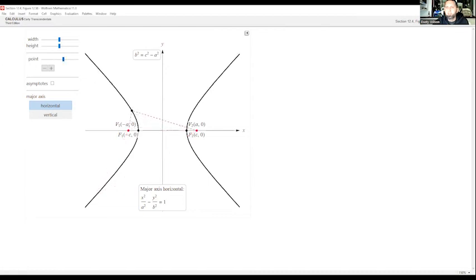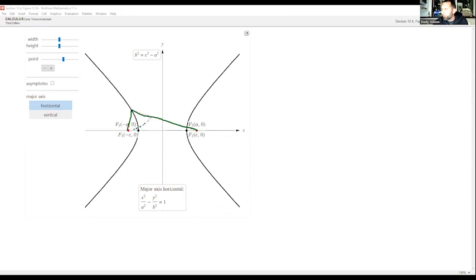So maybe we've got a different point here, different color. So if we look at the two lengths, here's focus to the hyperbola, and then hyperbola back to the other focus. We have to ask ourselves, what's the difference in length?